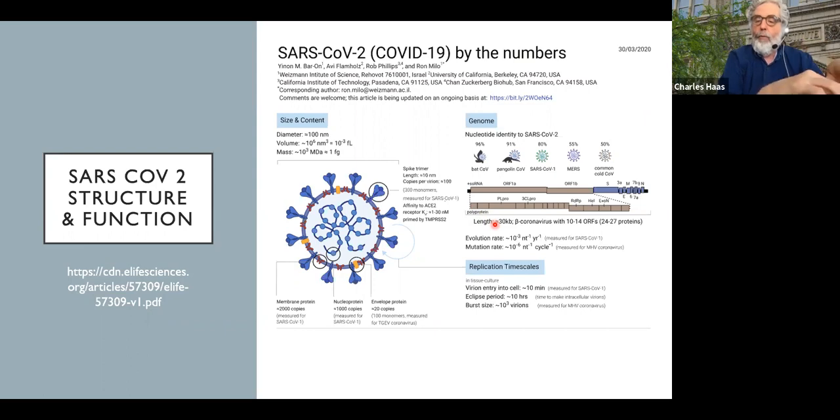Low evolution rate, which means the rate at which the nucleotides may change, and relatively low error rate. And so as a result, although there is speculation in the literature about different strains and so forth, there's really no evidence of substantial mutation that affects function of SARS coronavirus 2.